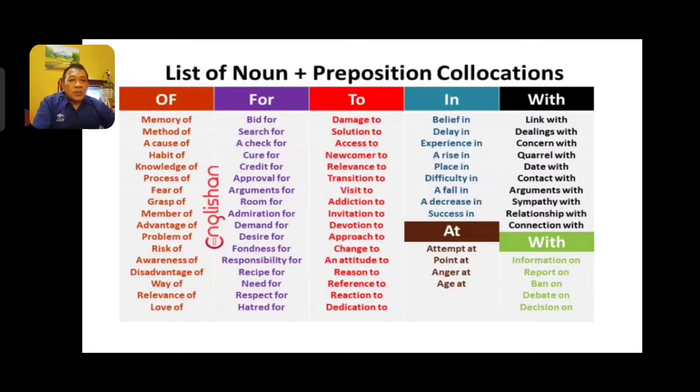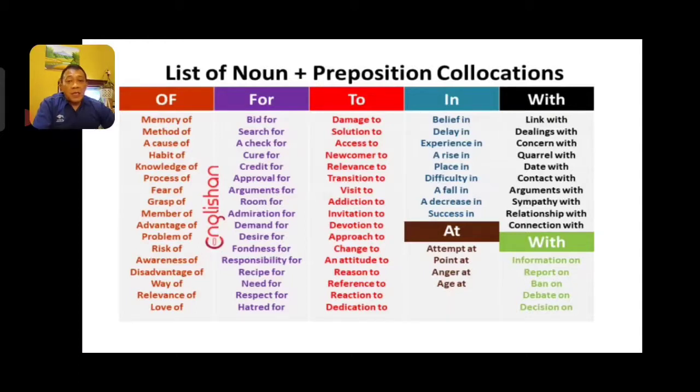So students, sometimes it's kind of hard to understand which preposition we have to select when we have nouns like what we have discussed so far. However, this is sort of the picture where you can see which prepositions you can make use of when there are some nouns you encounter in a sentence.